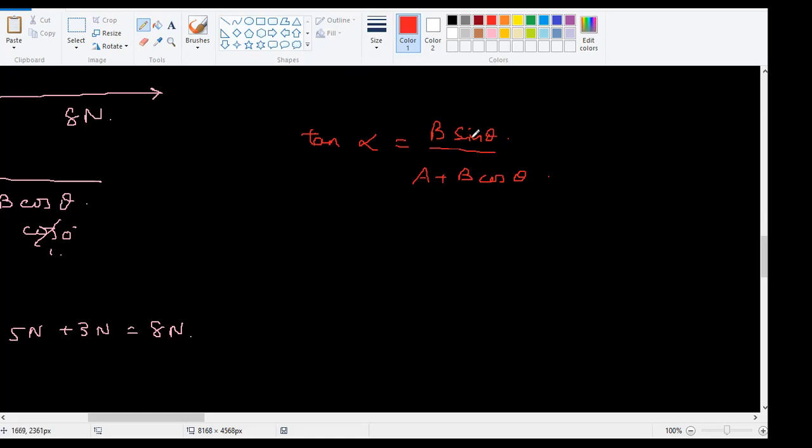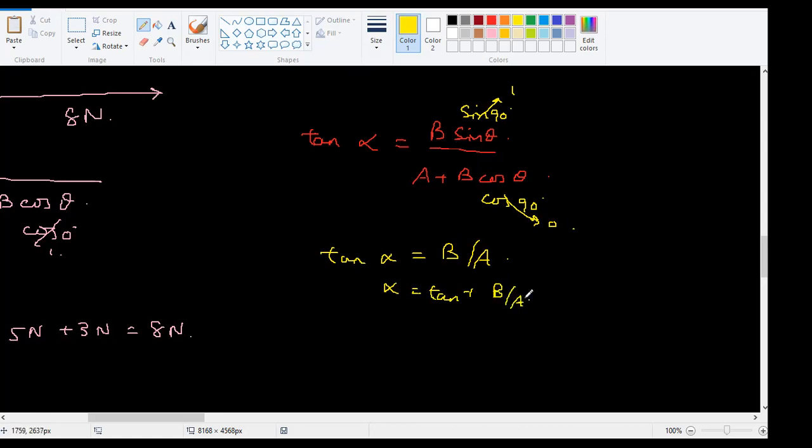So sin 90 becomes 1. Cos 90 becomes 0. So this term goes away. This becomes b into 1, which is b. So tan alpha is equal to b by a. And that's what you got in the example which I showed you. So alpha is equal to tan inverse of b by a in this particular case.